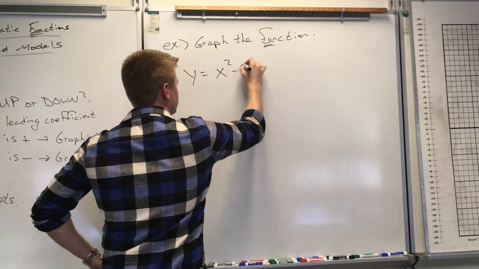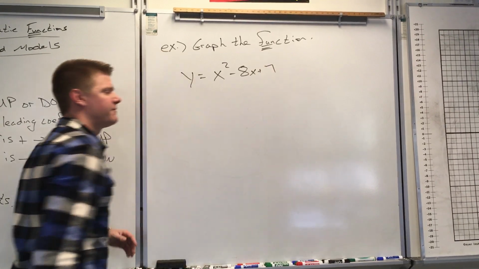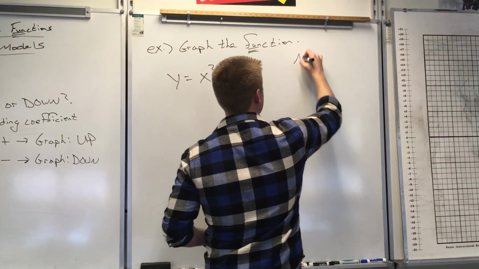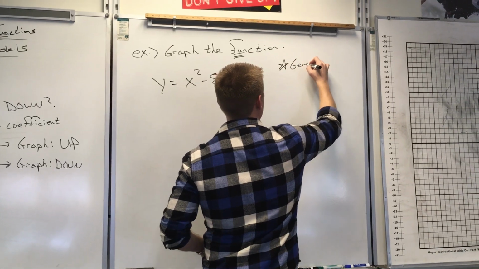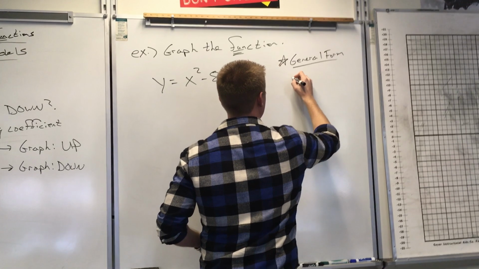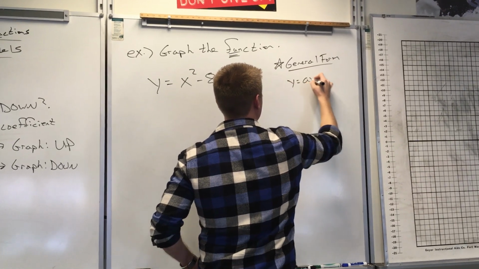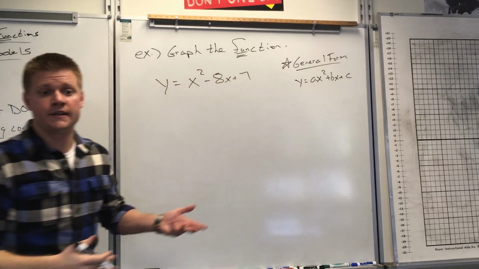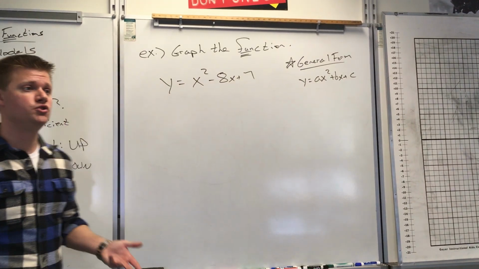here's what we do anytime we are graphing an equation in what is called general form. Okay, so make this note off to the side. I like to describe it as this is the way that you generally see it.